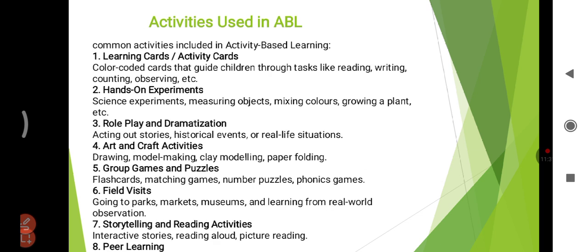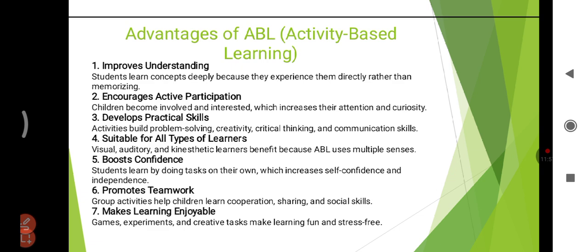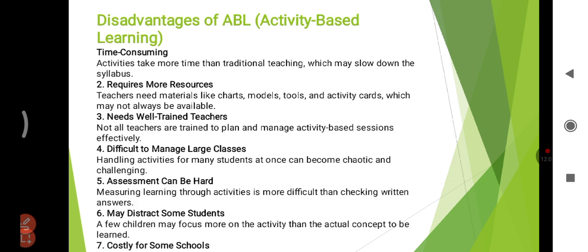Then the activities used in ABL method: learning cards or activity cards, hands-on experiments, role play and drama activation, art and craft activities, group games, puzzles, field visits, storytelling, reading activities, peer learning. These are the activities used in the ABL classroom. Then advantages of ABL, disadvantages of ABL.